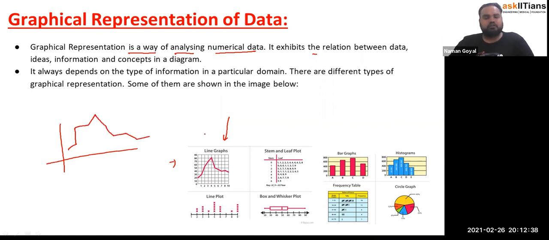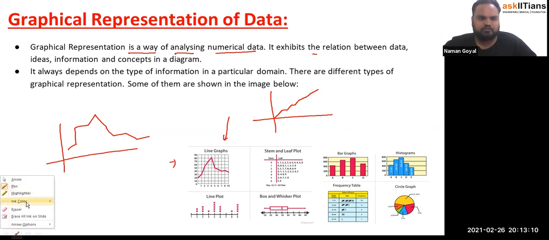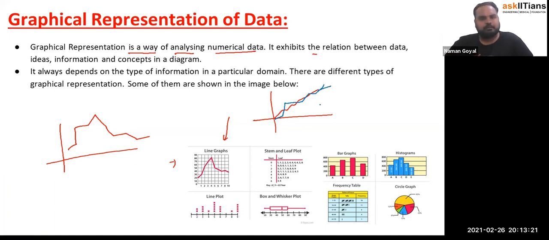A good example of a line graph is in a cricket match, where they compare two teams, team A and team B. They compare how many runs they have made and when wickets fell. The graphs are shown like this: this is the graph for team A, and this is the graph for team B. These two graphs are line graphs, and they make the line graphs combined to compare them.